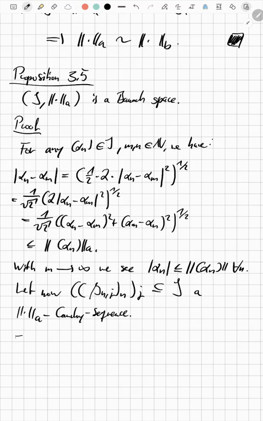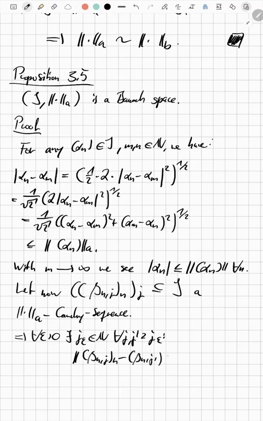Okay, obviously, for all epsilon greater than 0, there exists a j epsilon in the natural numbers, such that for all j and j dash, which are greater or equal to j epsilon, we have that the difference in the A norm of beta nj minus beta nj dash is less than epsilon.